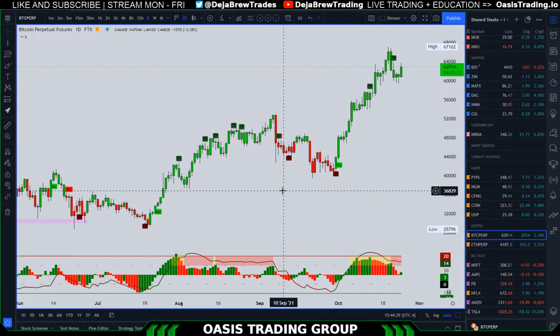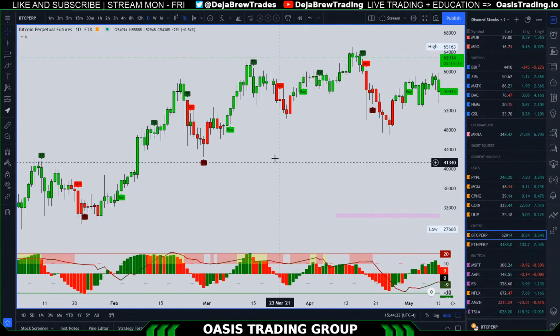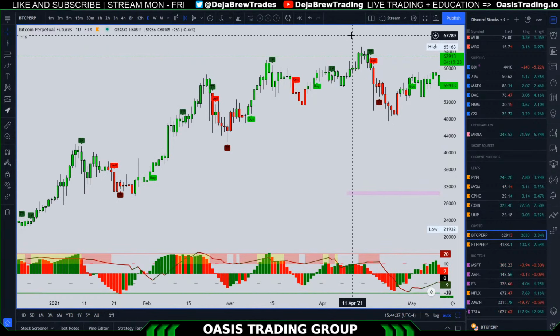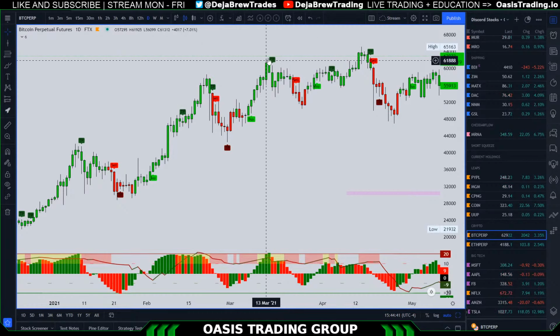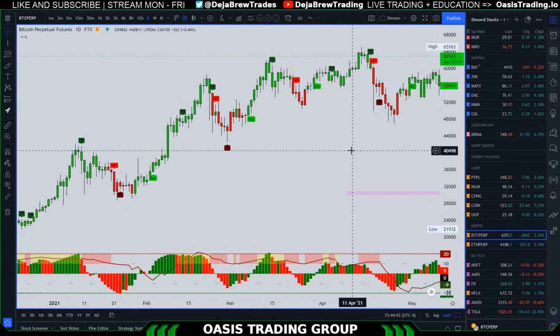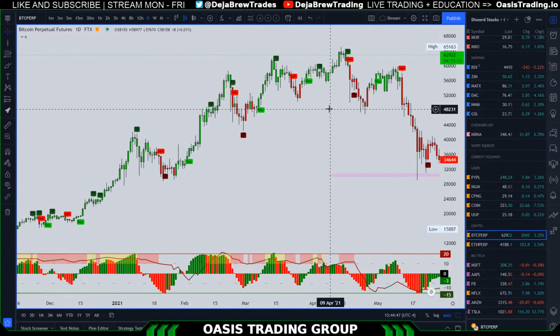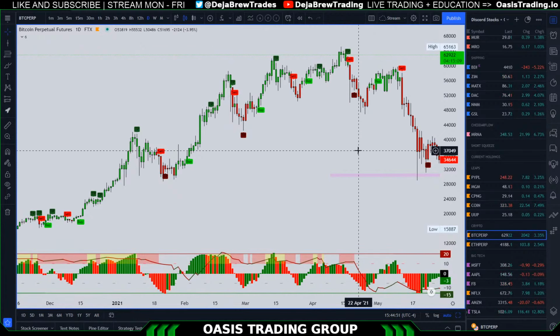Okay. You'll also find that you'll have moves like this, where you're already in a very strong uptrend. The Momo is already in the trend, and then you're getting buy signals. These signals will typically run past the buy signal as well. Now, this was a little choppier because we were finding a massive top here. This was actually a distribution.